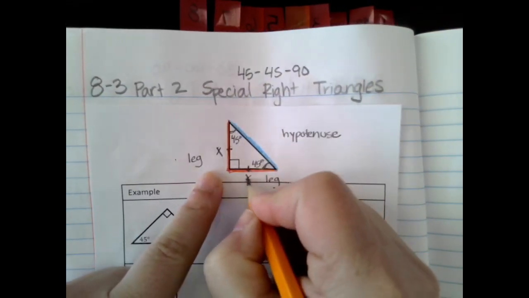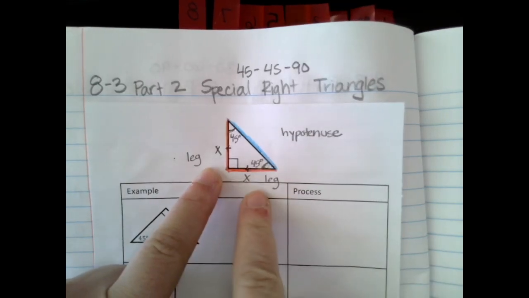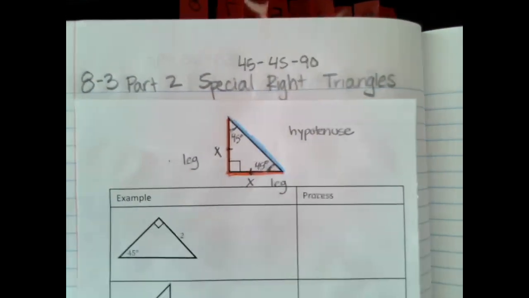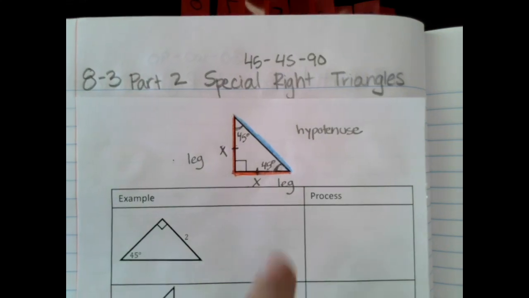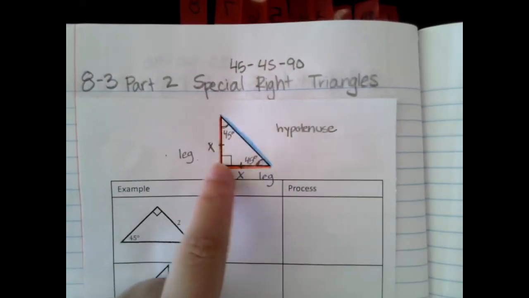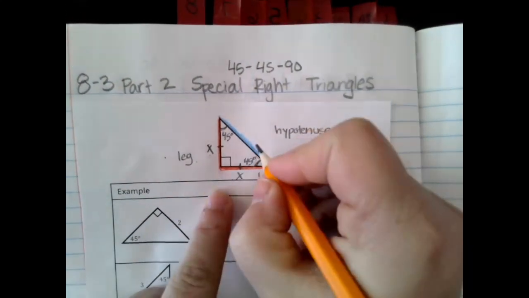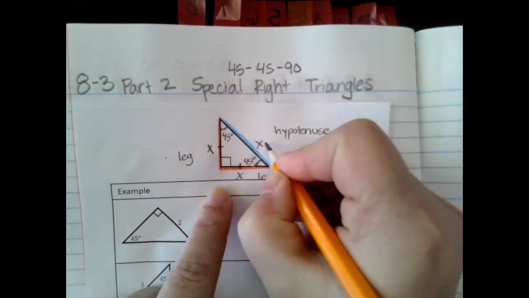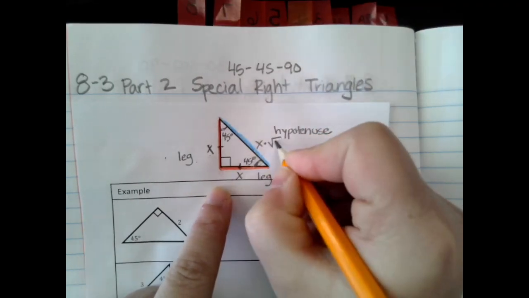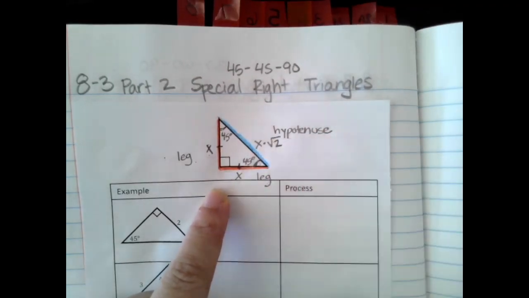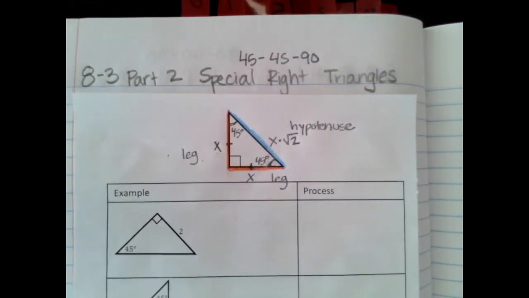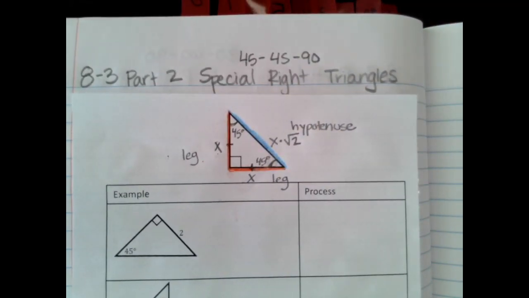These are congruent, so they're going to match. So whatever one is, so is the other. And then this time with the hypotenuse, with the way the ratio works out with these 45 degrees, the hypotenuse is x times the square root of 2. Okay, again, we can show that using the Pythagorean theorem, but it's mega boring, so we're not going to.